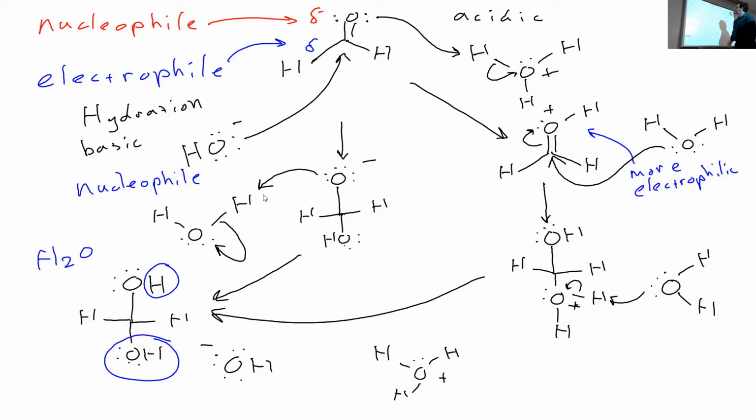Okay, so what would affect that attack? The key things that will affect that will be the capability of our nucleophile to come in there and attack that site. And then also how strongly electrophilic our carbon is.